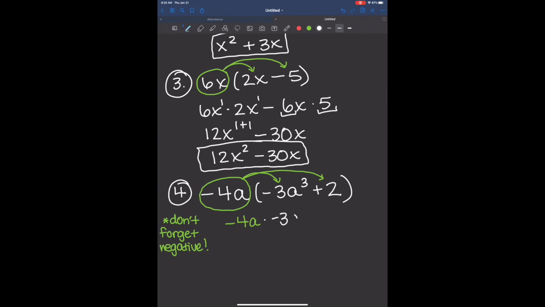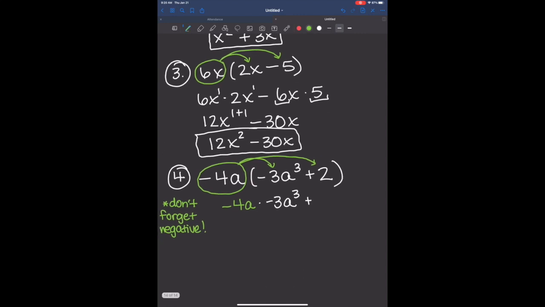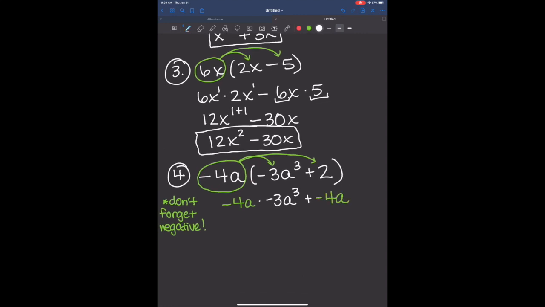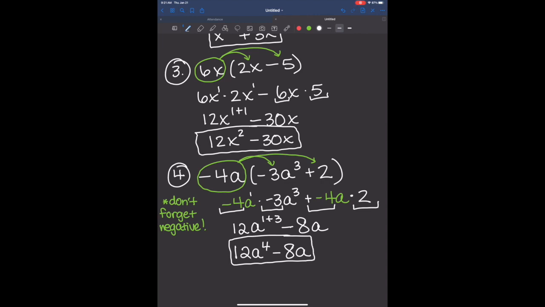So don't forget to put an exponent of 1 when there's no exponent. And negative times negative is going to give us positive 12. So we've got 12a to the 1 plus 3 minus 8a, because that was a negative 4 times a 2. So that gives us 12a to the 4th minus 8a as our answer.